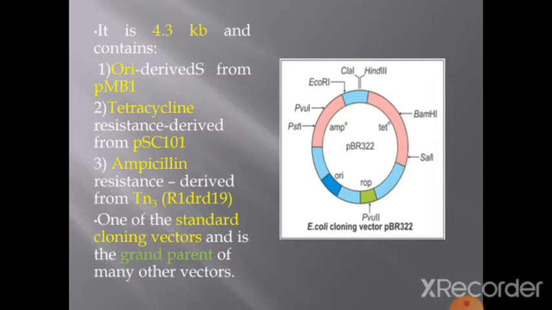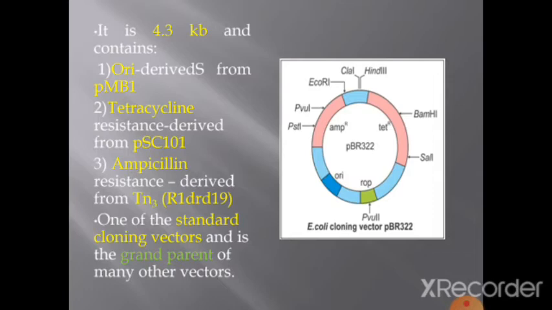So you can see it has a molecular weight of 2.6 Daltons and it has 4.3 kbp. You can make out in the tetracycline resistance gene region there is a site for BamHI, SphI, SalI.